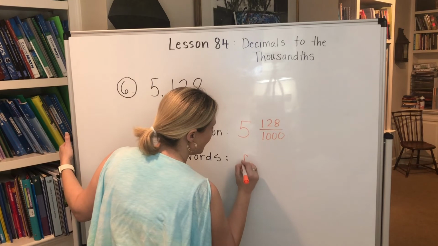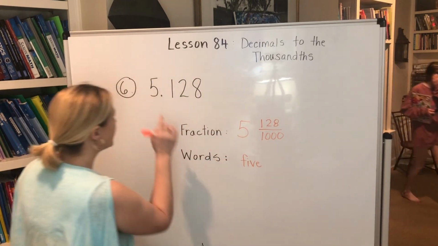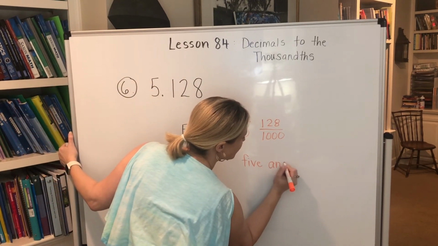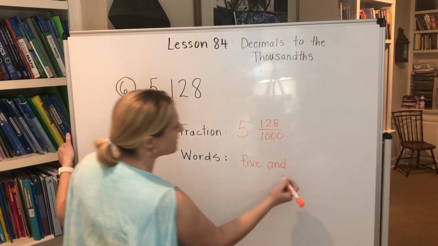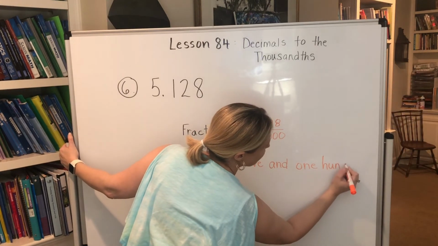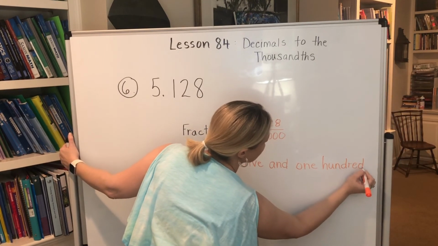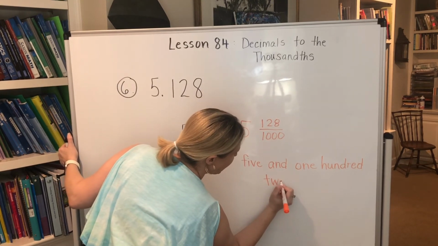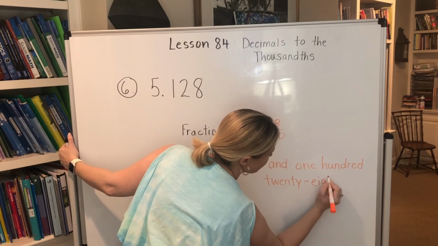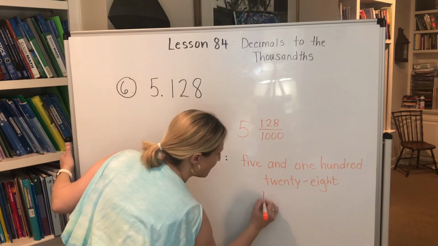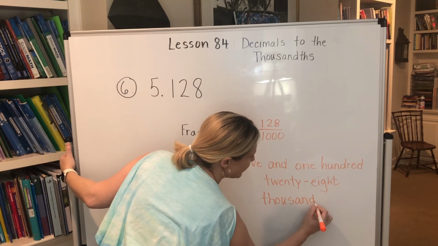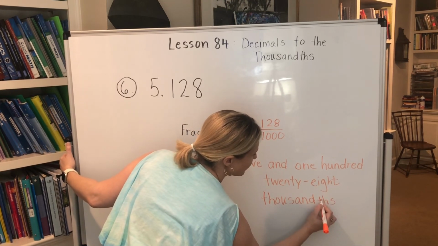So we write 5. Okay, and when we get to the decimal, we have to write the word and. If you ever see the word and, that means there's a decimal. 5 and 128 thousandths, spelled with D-T-H-S on the end.